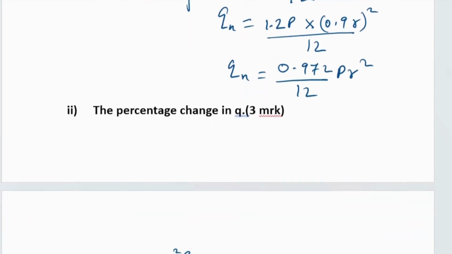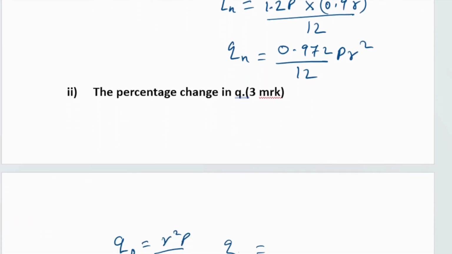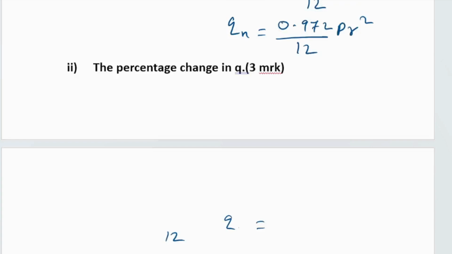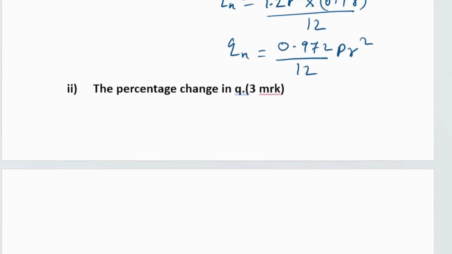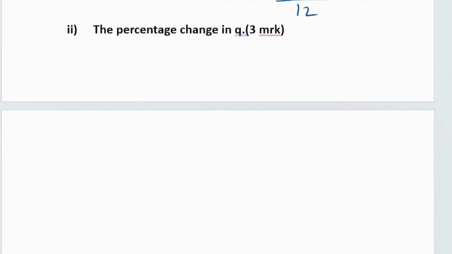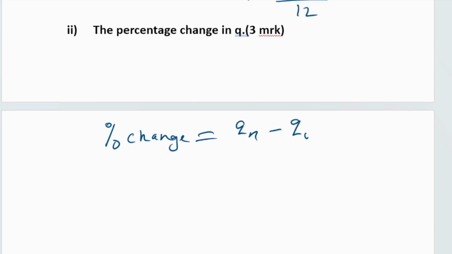Now let's move to the next one, the percentage change in Q. To get the percentage change in Q, what we know is that percentage change is always given by Q new minus Q original over Q original multiplied by 100.